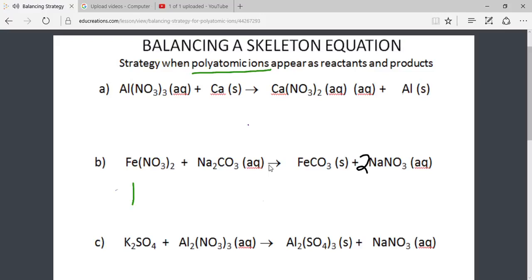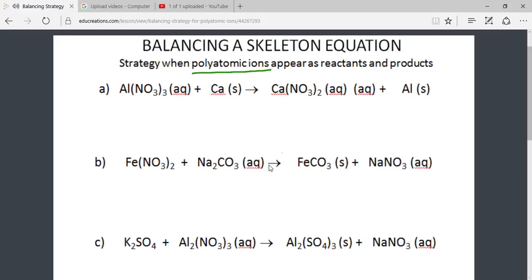Coefficients of 1 and 1 on the reactant sides are needed, and 1 and 2 on the product sides are needed. Recall that when no coefficient is written in front of a reactant or product, the value is assumed to be 1. Since we wrote a 2 in front of the NaNO3 product, the coefficient represents 2.